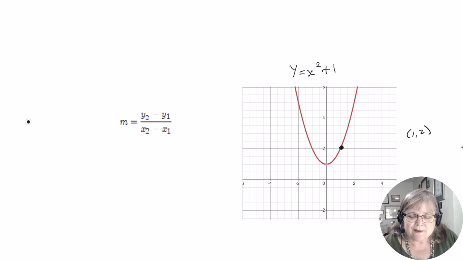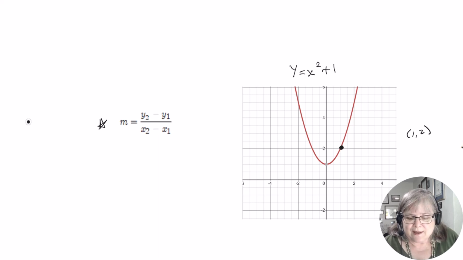And I want to calculate the slope at x is equal to 1. Well, I don't know how to calculate a slope at a point. I know how to calculate a slope between 2 points, but I don't know how to calculate a slope at a point. But there's a way, and we're going to explore it.